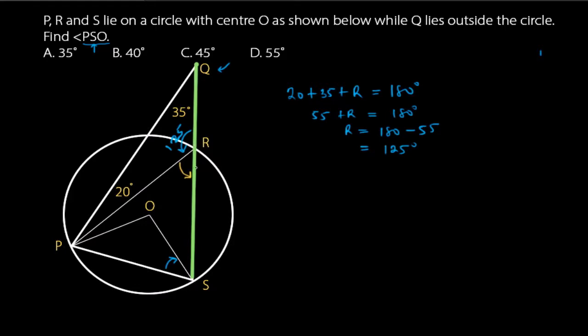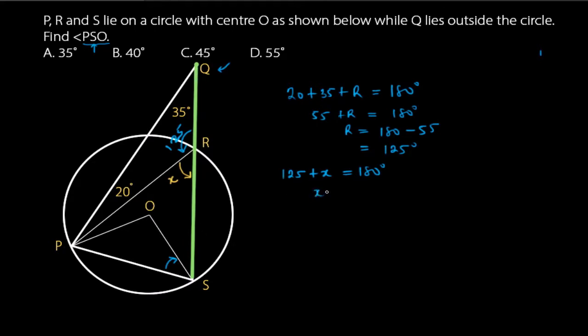If I call this x, how can I find x? Well, I know that 125 plus x must give me 180 degrees, because the sum of angles on a straight line is 180 degrees.